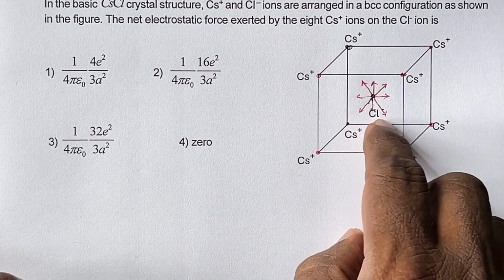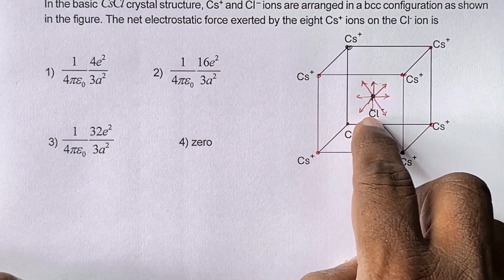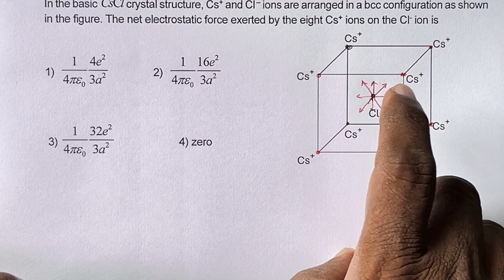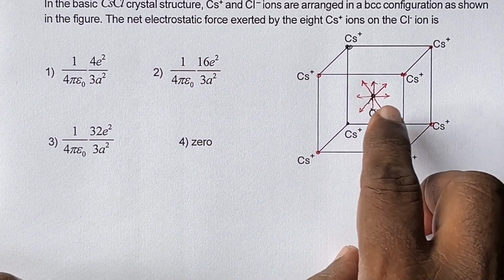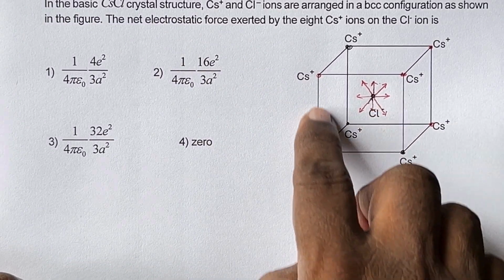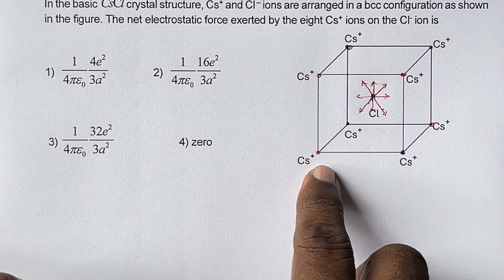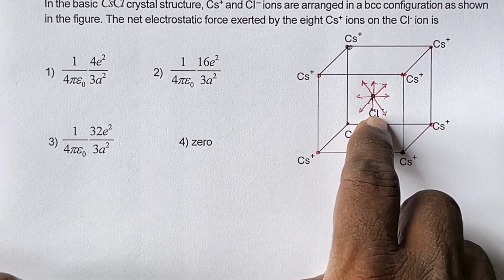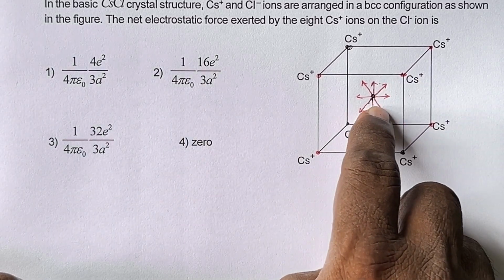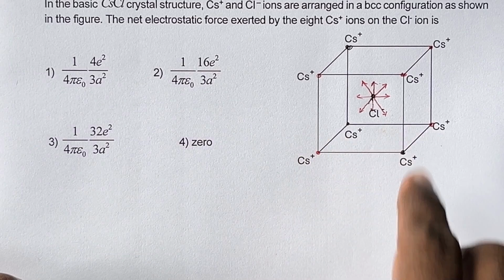Because of this, the net force on chlorine is equal to 0. So the electrostatic force exerted by the 8 Cs ions on the Cl minus ion in BCC configuration is 0.